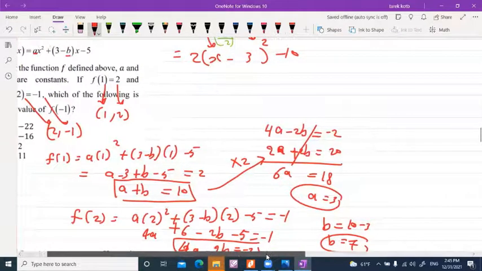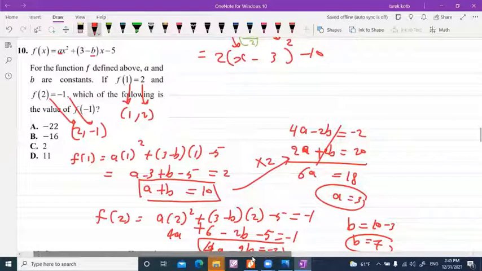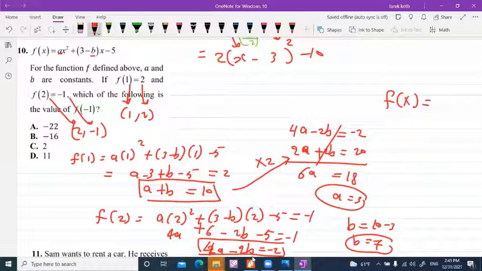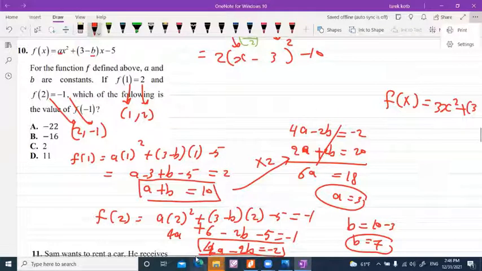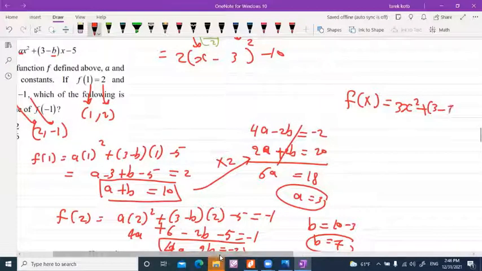If I replace the a and b, it will be f(x) equals 3 times x squared plus 3 minus 7 times x minus 5.